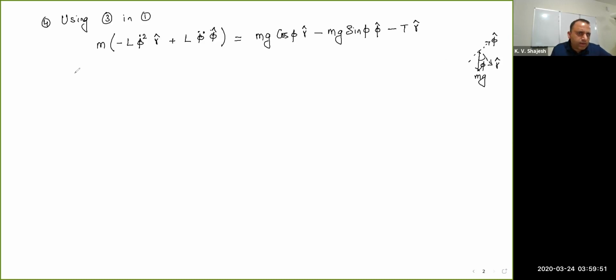Now we can collect them together in the radial and phi directions.